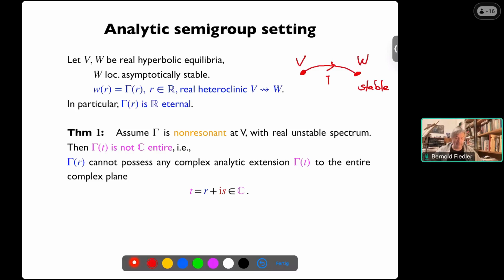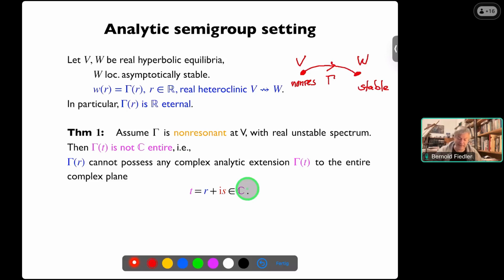I abbreviate this by this wavy line. In particular, this is an eternal solution. Now, if I have non-resonance at V with real unstable spectrum, then this heteroclinic solution can never be complex entire. More precisely, it cannot possess a complex analytic extension to the entire complex plane.